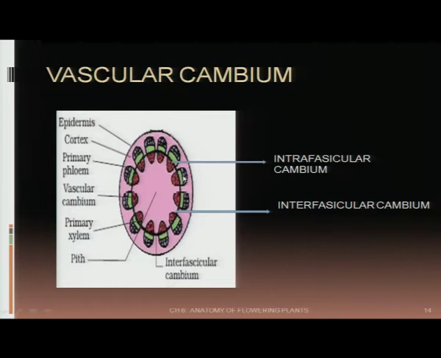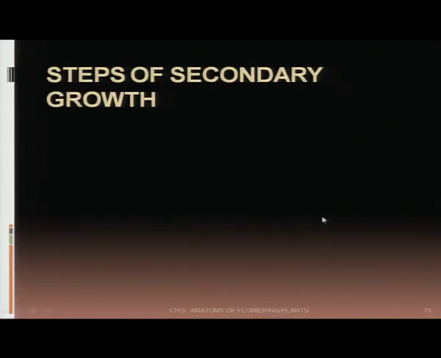Look here in this diagram, the cambium that is present between the xylem here in the red patches and the phloem is known as intrafascicular cambium, and the one which develops later in the medullary rays between two consecutive vascular bundles is known as interfascicular cambium. So, vascular cambium is of two types, intrafascicular cambium and interfascicular cambium.